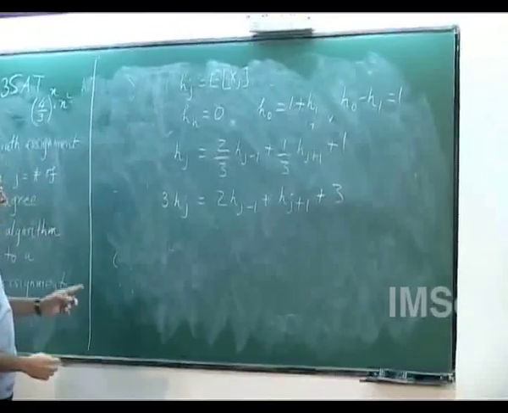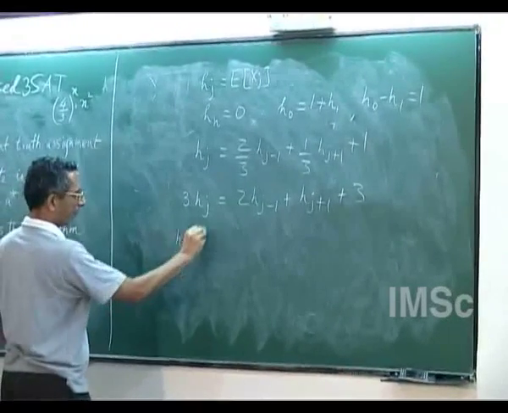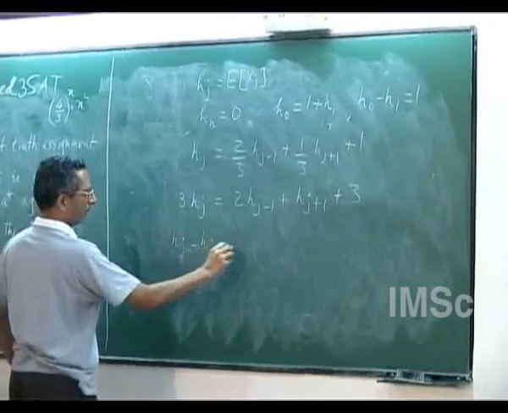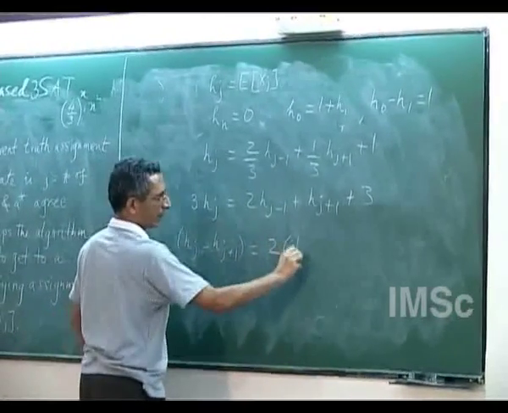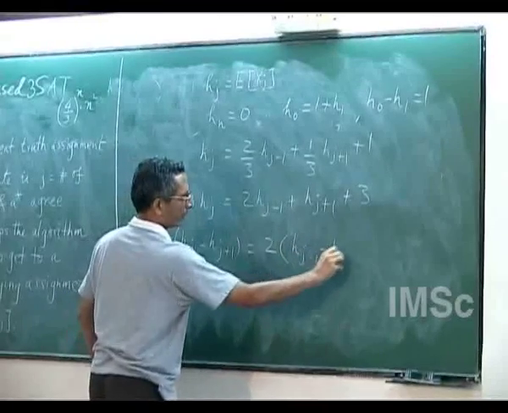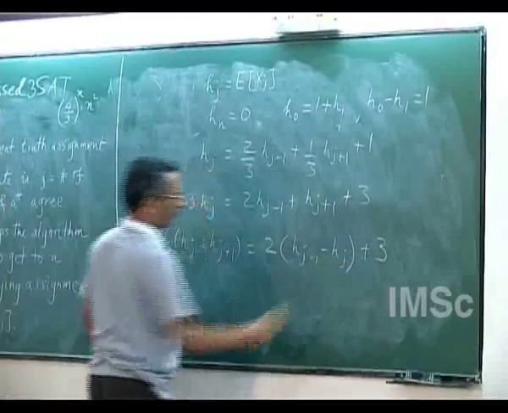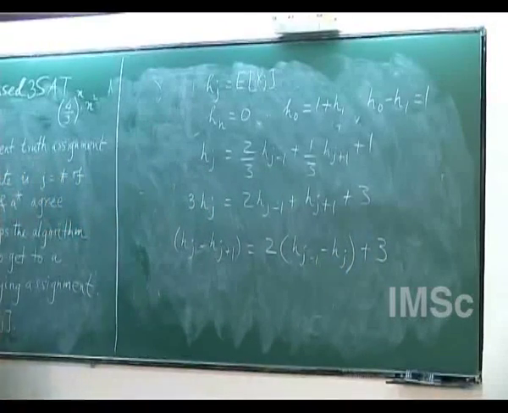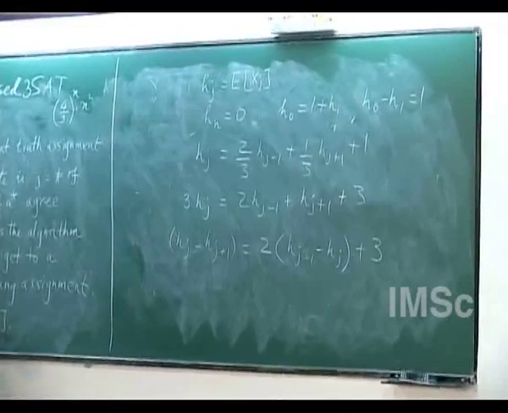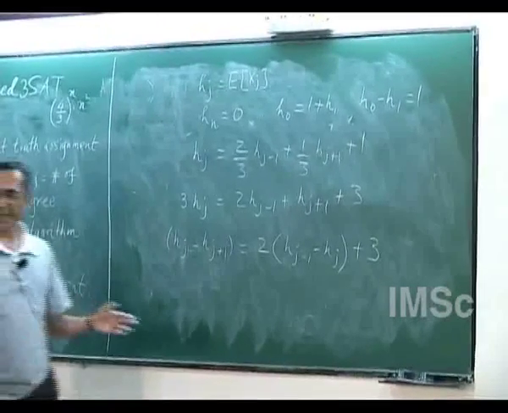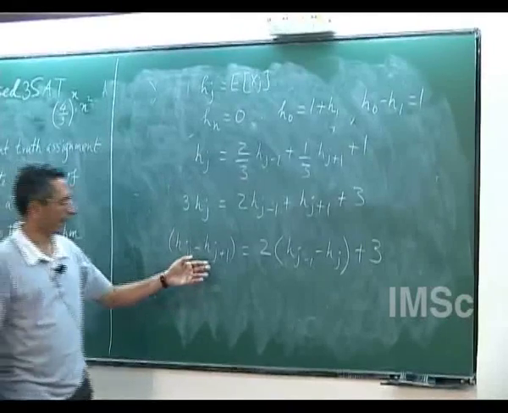So how do we arrange things? h_j minus h_{j+1} is 2 times (h_{j-1} minus h_j) plus 3. So there is a factor of 2 that is coming in, which is going to mess up everything completely. So what is actually happening?